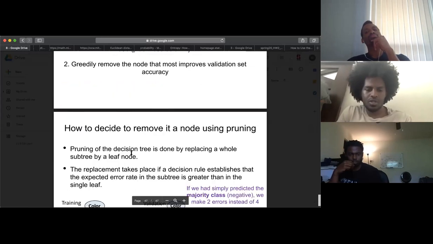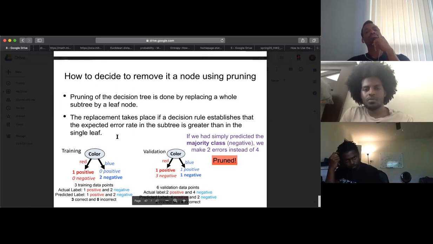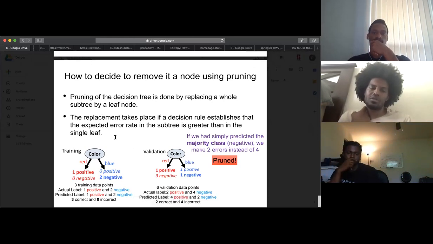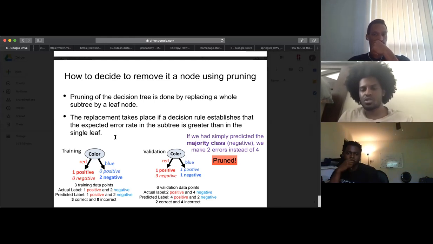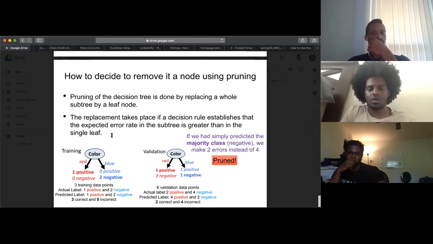So we'll look down here for a second. Pruning of the decision tree is done by replacing the whole subtree with a leaf node. The replacement takes place if the decision rule establishes that the expected error rate in the subtree is greater than that of the single leaf. So the example makes this more clear.